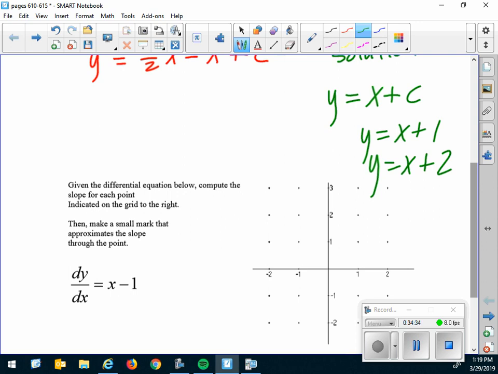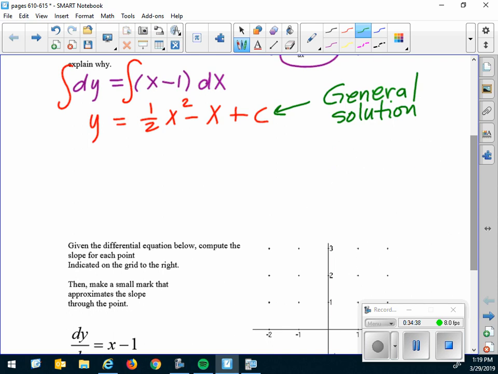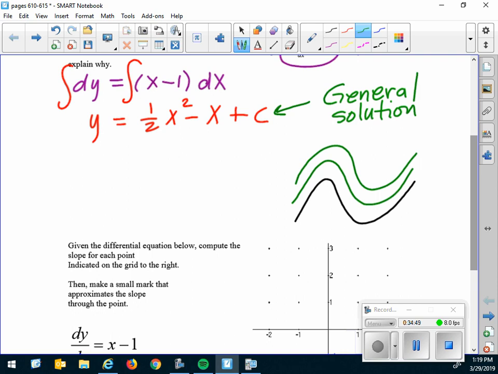Even on this equation, which is not going to be a line, it's going to be a curve. You'd have one curve like this, then you could have another curve like this, and another curve like this. Those are parallel curves because they will never touch.